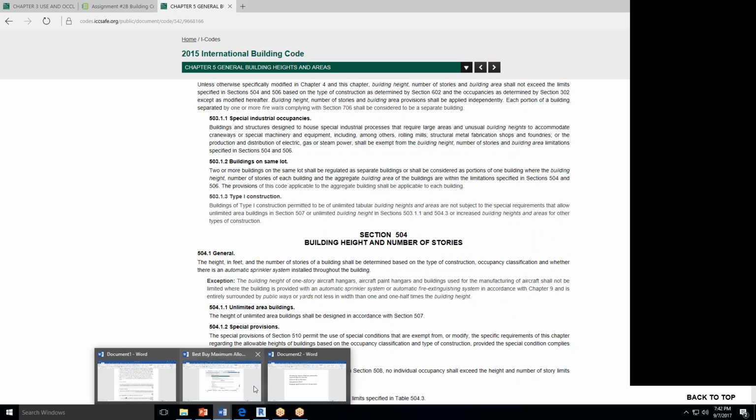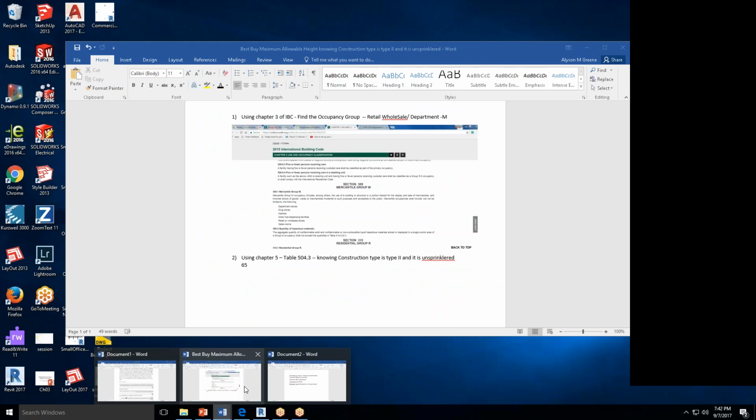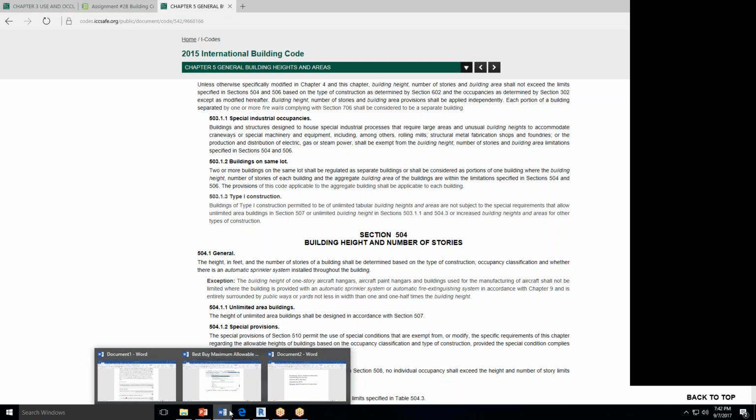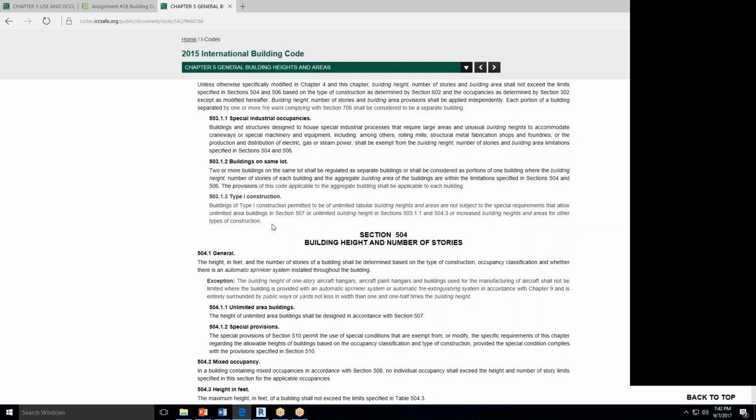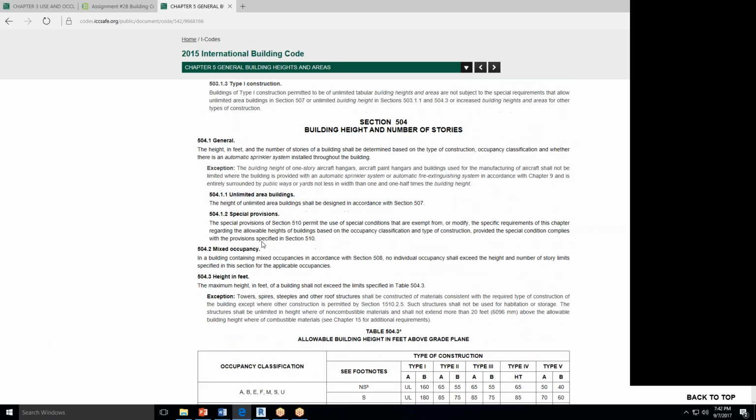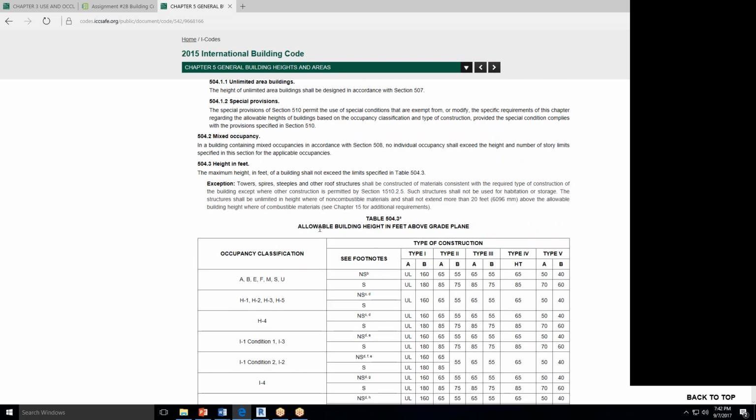So let's look at our question and make sure we don't have any red flags. So it's type 2 construction and it's unsprinklered. So I can just skip over that visually, maybe come back to that if I have another question that's type 1. I saw a little flag there. Building height and number of stories. So here I have a nice neat table that's labeled allowable building height in feet above grade plane.